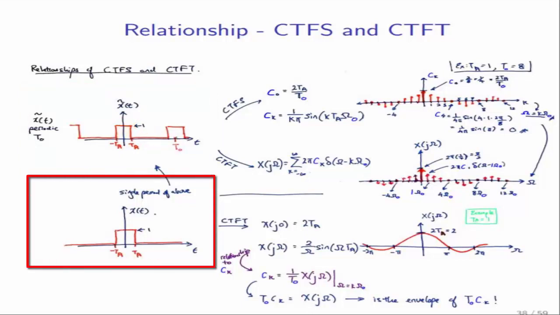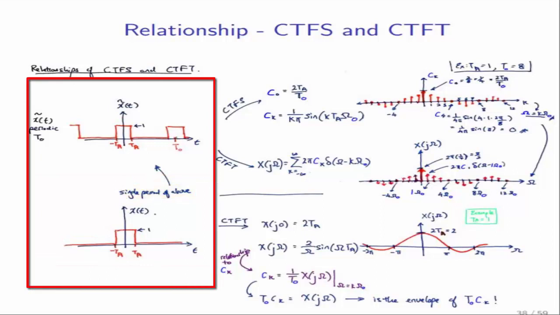In the bottom of the figure, we have the same single period, but now the signal is aperiodic, where time stretches from minus Ta to minus infinity and plus Ta to plus infinity with 0 values. So only a single period of x of t exists.